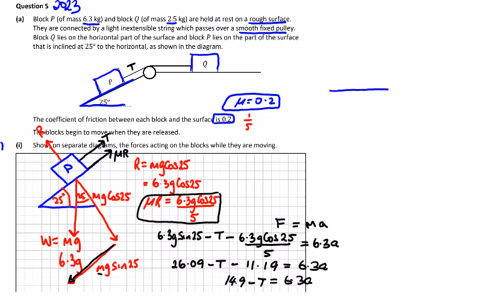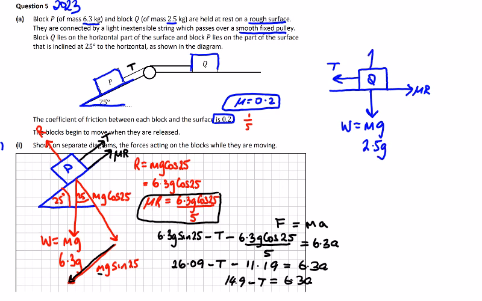So we have Q on the horizontal. Q is moving in this direction if P is going down the hill. So we have mu R, a resistance force, in the opposite direction. We have its weight, mg, m being 2.5.